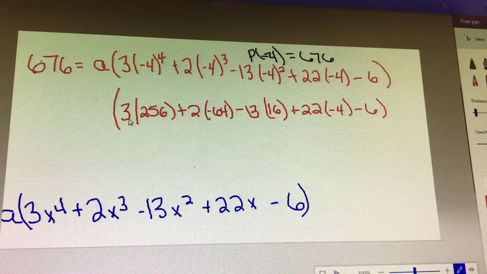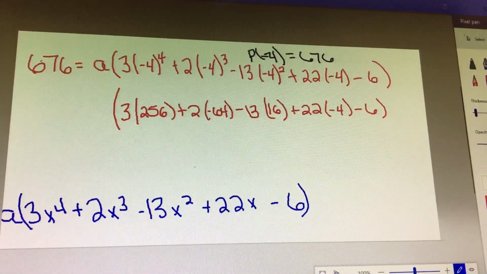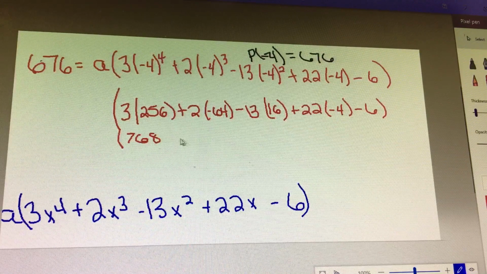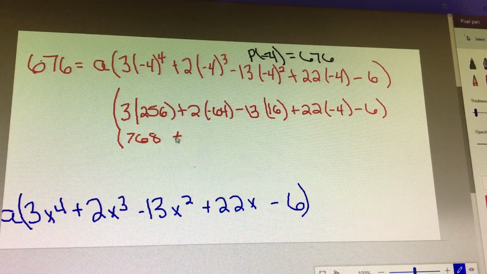Now we have 3 times 256, that is 768. So we have 768, plus, oh, nope, that's not plus, just kidding.